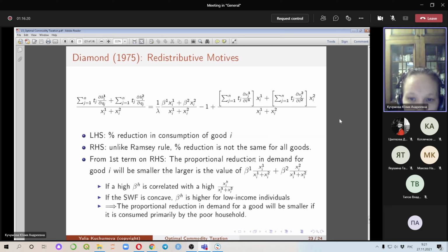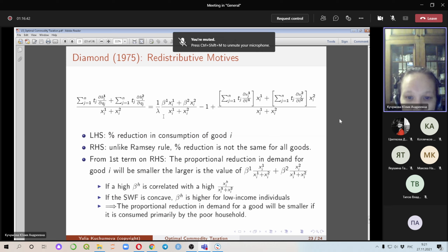The proportional reduction in demand for good i will be smaller the larger is the value of this term. And this is exactly this first term on the right hand side. So we're trying to understand when this term is smaller, when it's larger.